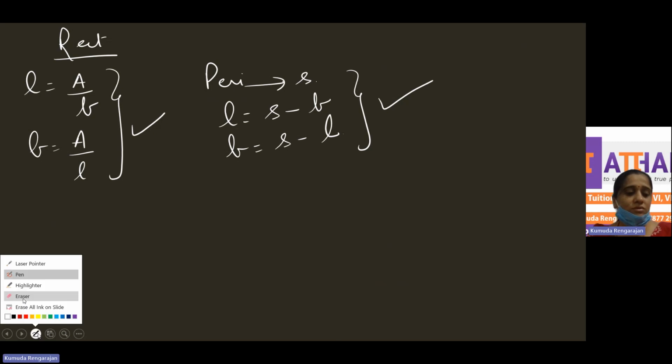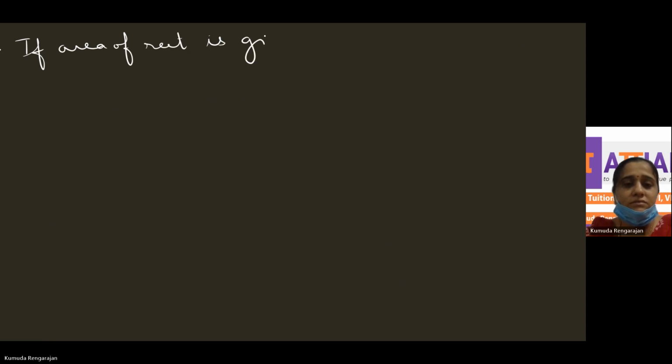Yeah, you can make a note. If area of rectangle is given, then L is equal to area by breadth.